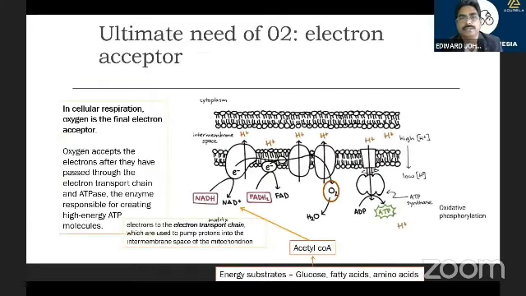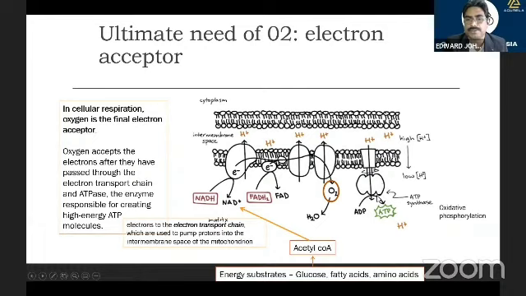So why is oxygen needed for aerobic respiration? Because in cellular respiration, oxygen is the final electron acceptor. So the oxygen accepts the electrons after they have passed through the electron transport chain. In the electron transport chain, the electrons are passed through the 4 domains, 1, 2, 3, 4. And during the passage of the electrons, protons are pumped into the intermembrane space.